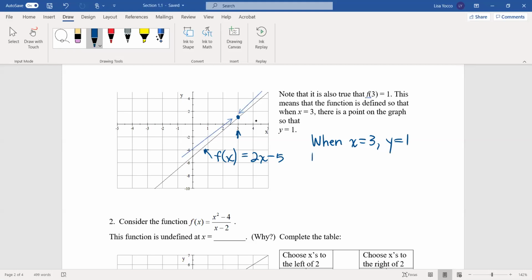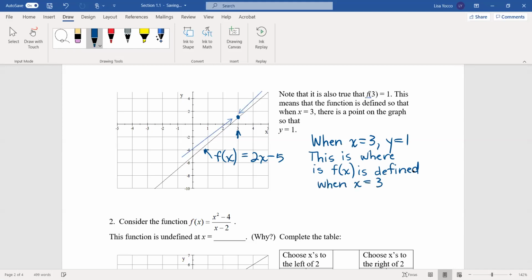Okay, so this is where the function is defined when x equals 3.